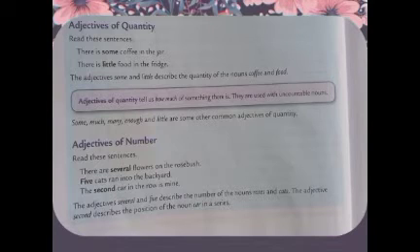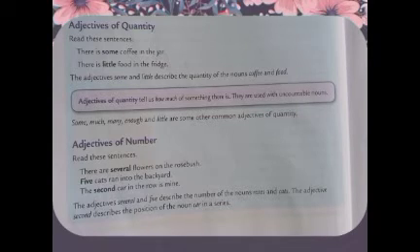So adjectives of number tell us how many persons, animals, or things are present, and they also tell us about the position of the noun in a particular series, and they are used only with countable nouns. So remember, children, adjectives of number are used with only countable nouns, and adjectives of quantity are used with uncountable nouns.